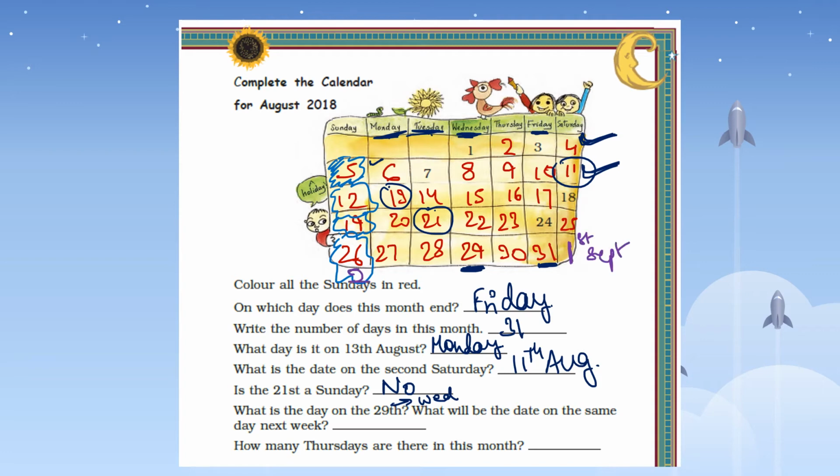Sunday 2nd September. Monday 3rd. Tuesday 4th. Wednesday 5th. We had to find at which date Wednesday will fall next week. So after 29, the next week, when Wednesday will fall, will be 5th September.